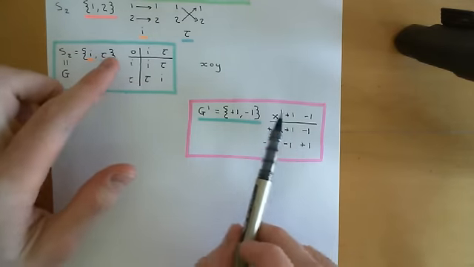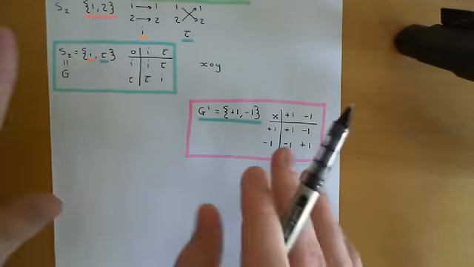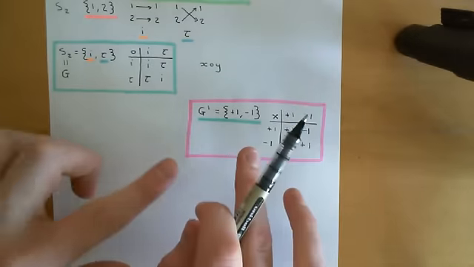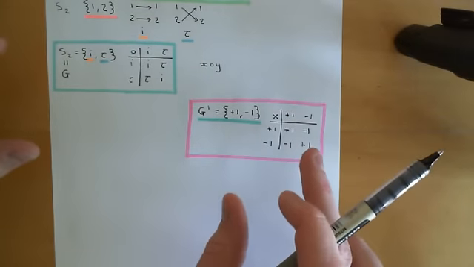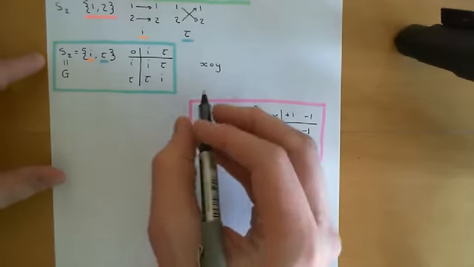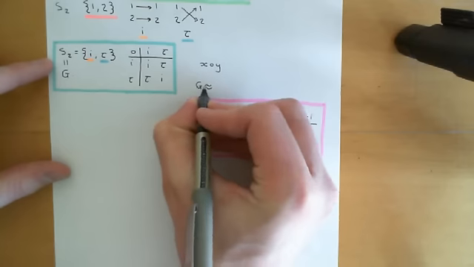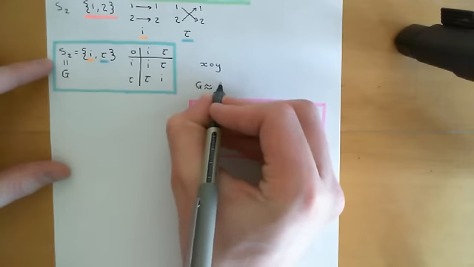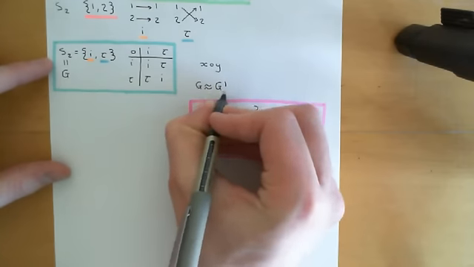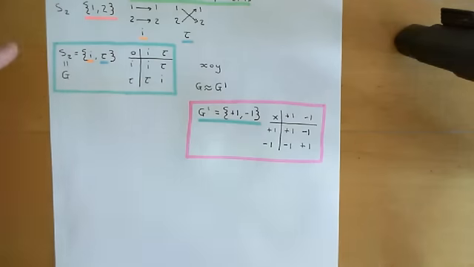Do they really look that different? These two groups here, G and G prime, they are isomorphic to one another. The way that we often write isomorphic is we'll say that G is wiggly equals G prime. So this should be read as G is isomorphic to G prime.